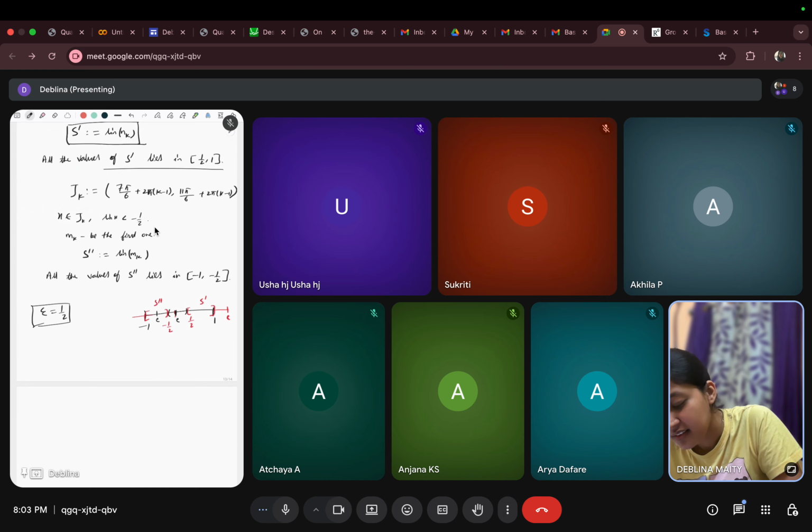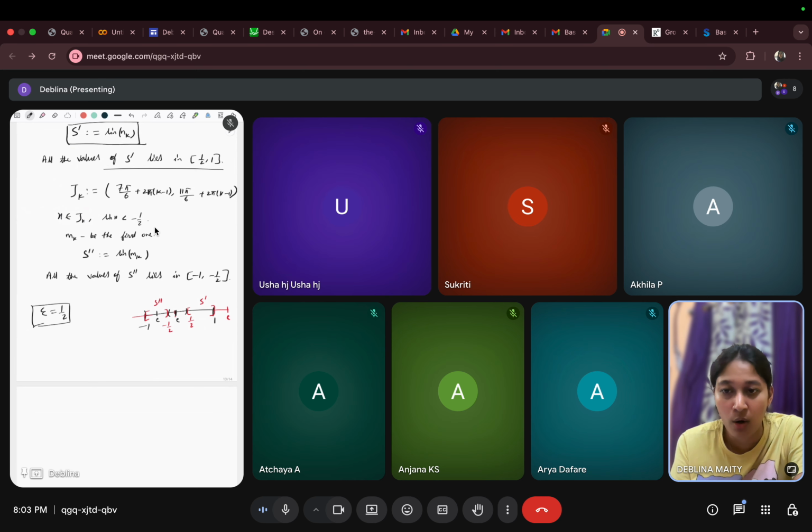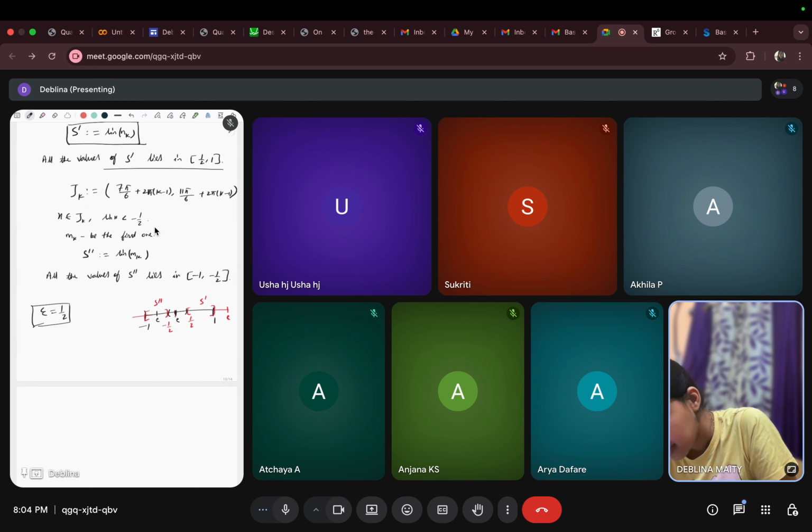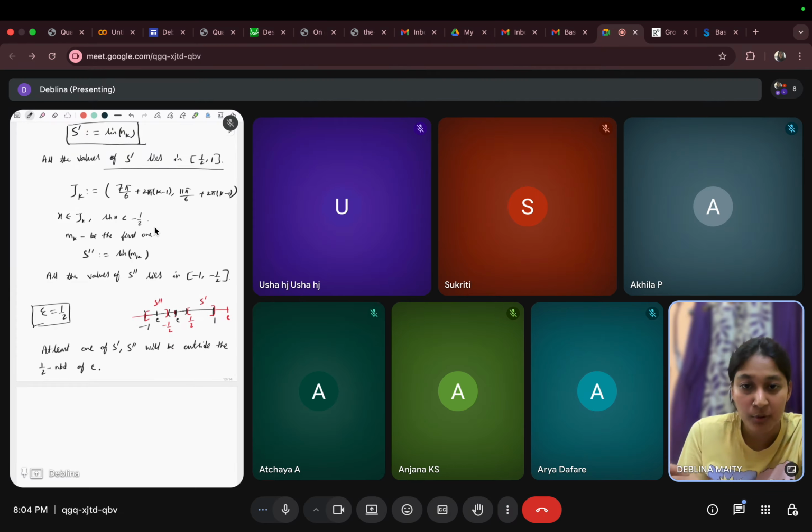If we take C here, then C is outside S dash, and if we take C anywhere between minus half to half, then at least one of them will be outside the epsilon neighborhood of C. So I am saying that at least one of S dash or S double dash, not both, will be outside the half neighborhood of C, where C is any real number in minus 1 to 1. Do you understand this line?